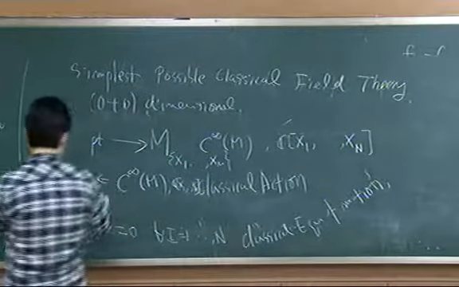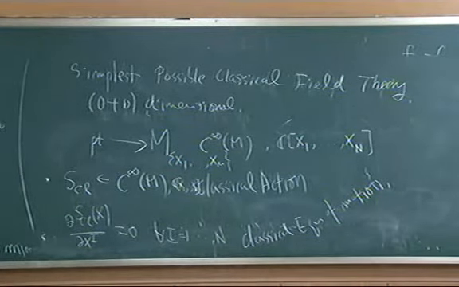This is just the stationary point of this function. Because I'm doing a 0-dimensional theory, I don't even need variational calculus. If you do a 0+1 dimensional theory, you have to do variational calculus, and this is my Euler-Lagrange equation.